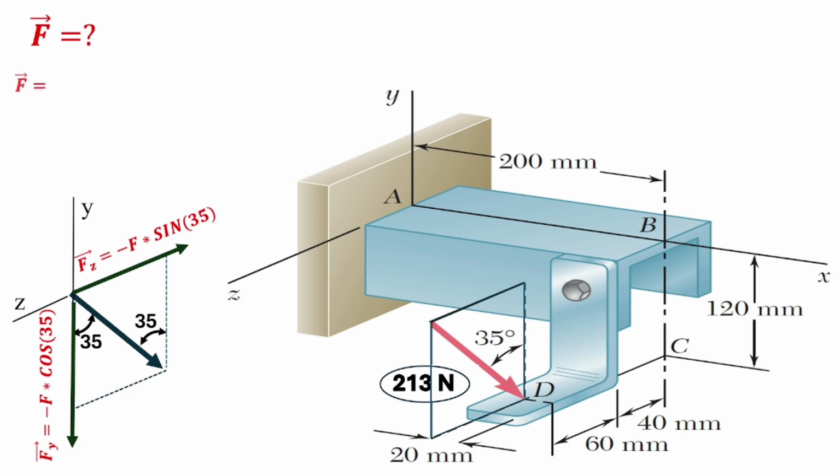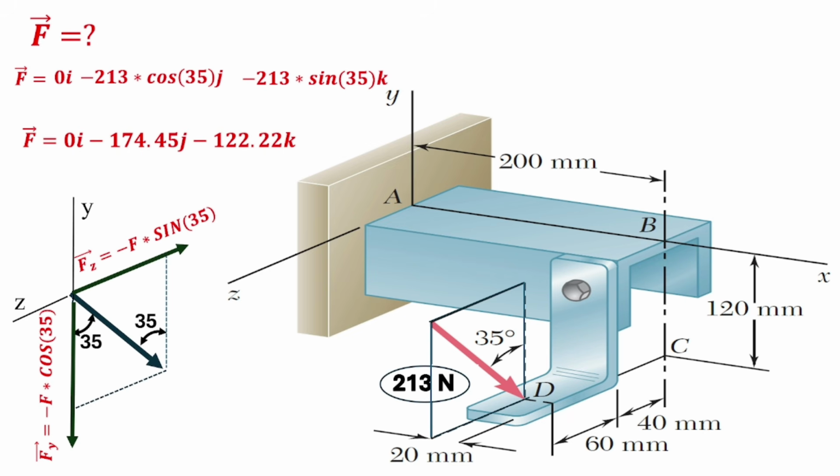So if we bring that back into the force that we are looking at, we have 0i because there's no component of the force in the x-axis, and we have the Fy, which is minus 213 cos 35 j, and we have the Fz, which is minus 213 sine 35 k. So we have our force in its component form as shown.